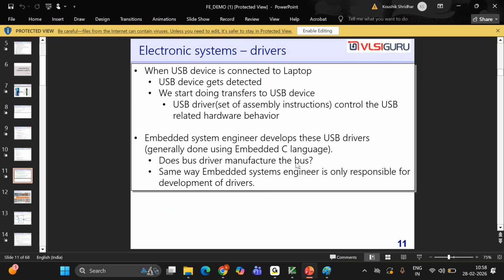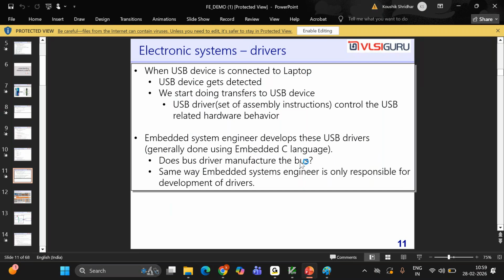Does a bus driver manufacture the bus? Tell me, let's say outside there is a BMTC bus. Will the BMTC bus driver manufacture the BMTC bus? No, right? They won't manufacture it. Similarly, VLSI engineers will not manufacture the USB drivers. USB driver development will be done by embedded C engineers, embedded system engineers.